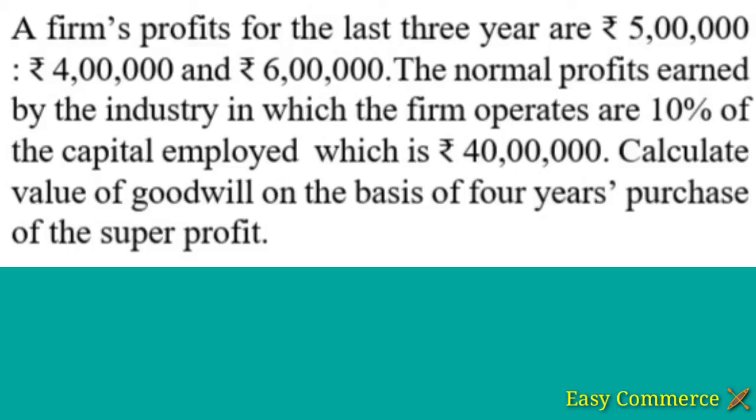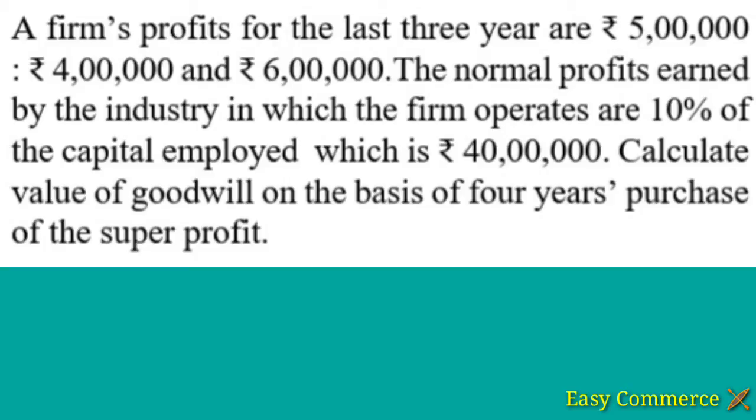In this question, rupees 5 lakh, rupees 4 lakh and rupees 6 lakh is given as the profit for the last 3 years, and normal profit is 10% of the capital employed. The capital employed in this question is rupees 40 lakh.